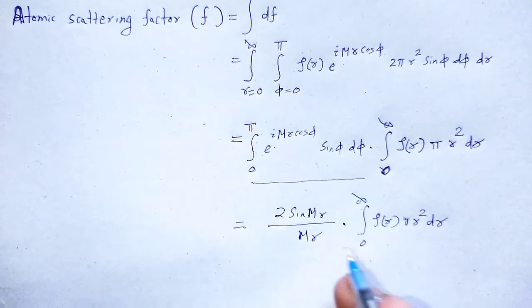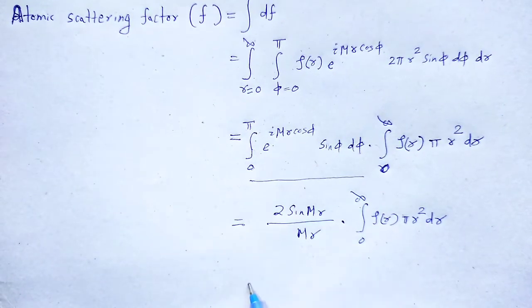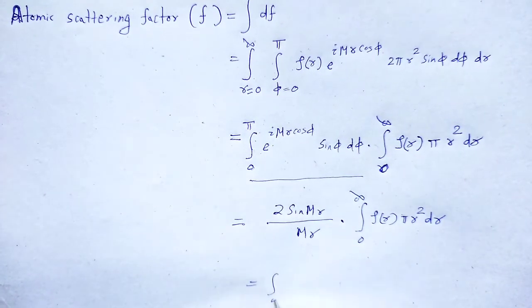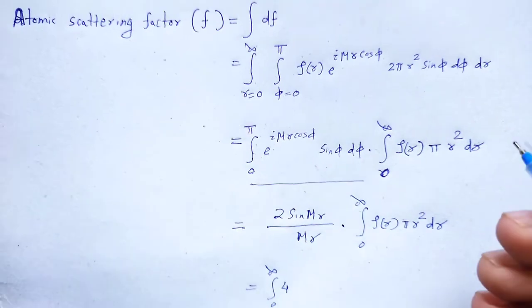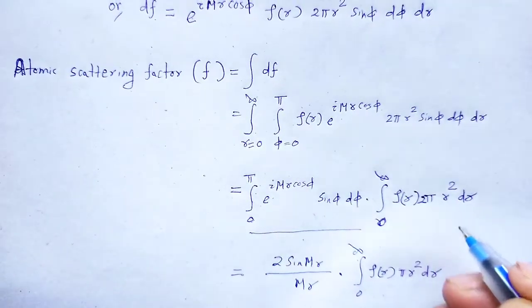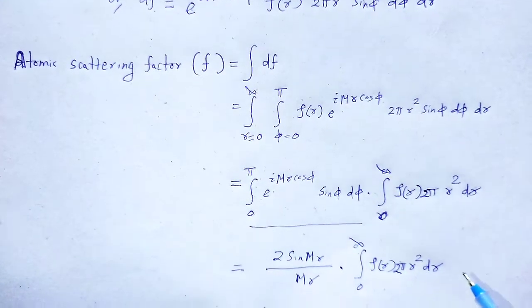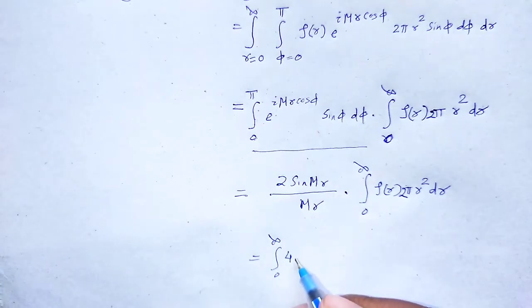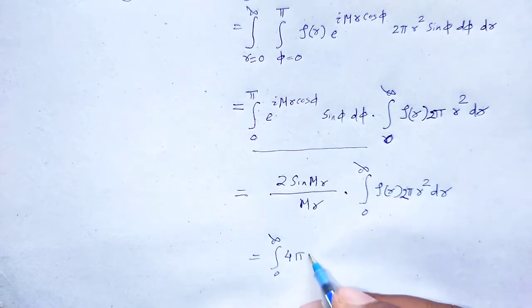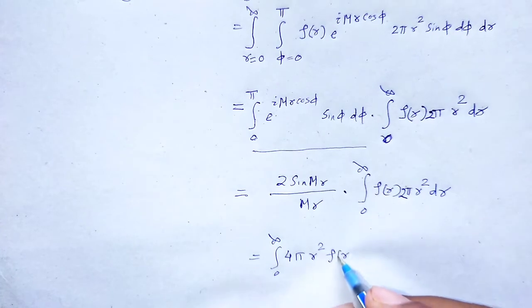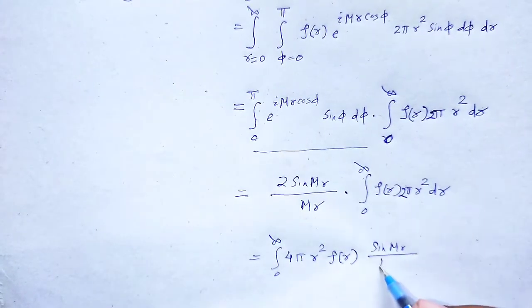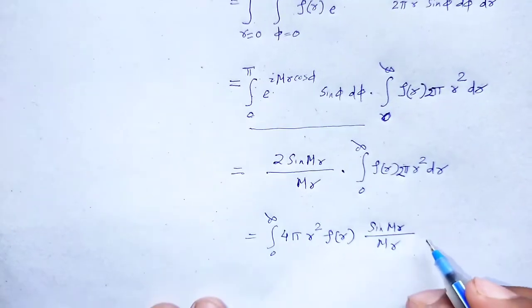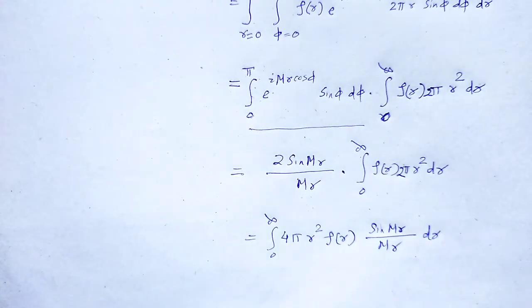When that constant is multiplied within the integral, it becomes the integral from 0 to infinity of 4 pi r square rho r sin mr divided by mr dr.